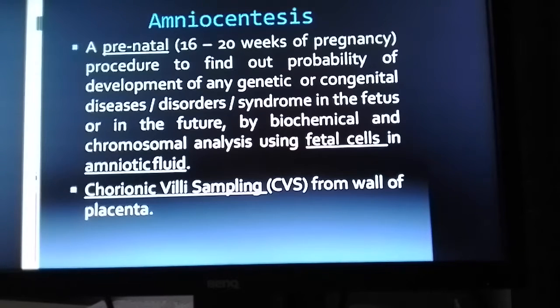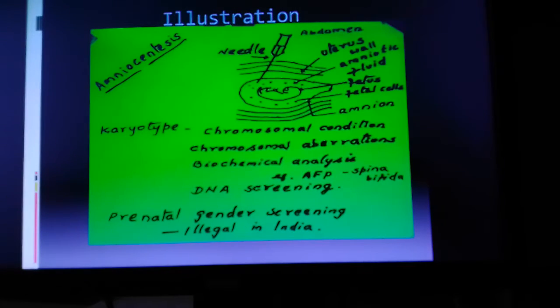This is done by taking a small quantity of amniotic fluid, along with which there may come some amount of fetal cells which would have been detached from the developing fetus. So the biochemical and chromosomal analysis of such fetal cells and amniotic fluid may give you some idea about the possibility of the development of such disorders in the fetus or the child to come.